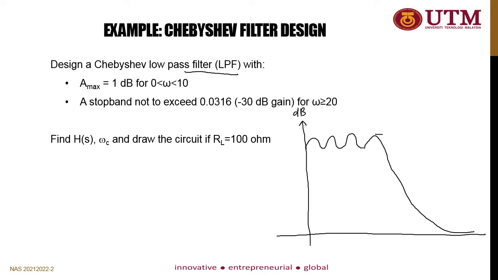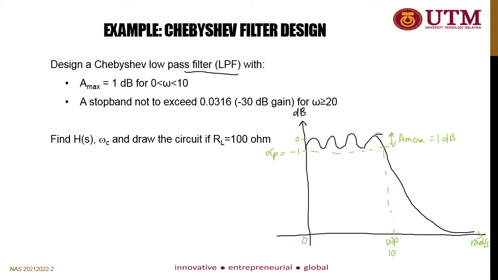The Amax is 1 dB. So this is your Amax, here is 0 and here is 1. And omega goes from 0 until 10. So your omega P is equal to 10 radian per second, and your alpha P is minus 1 in the passband area.